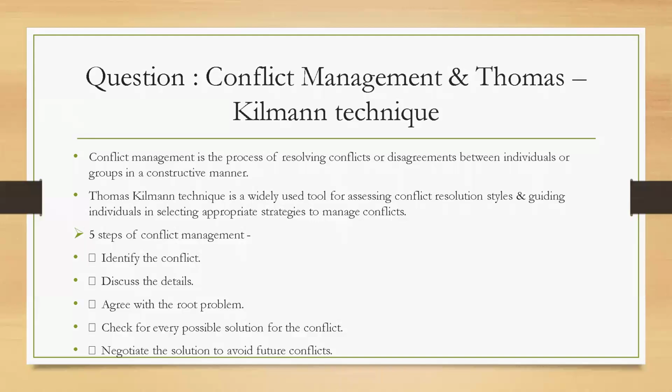If assertiveness and cooperativeness are both low, then that would be the avoid state. If both are high, then it will be in the collaboration stage. So you need to add that graph, showing what the Thomas Kilmann technique is.